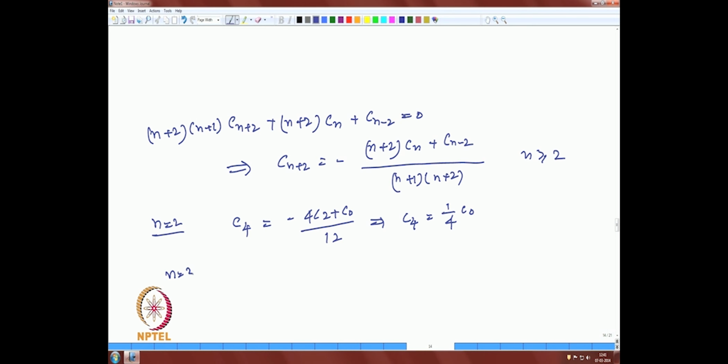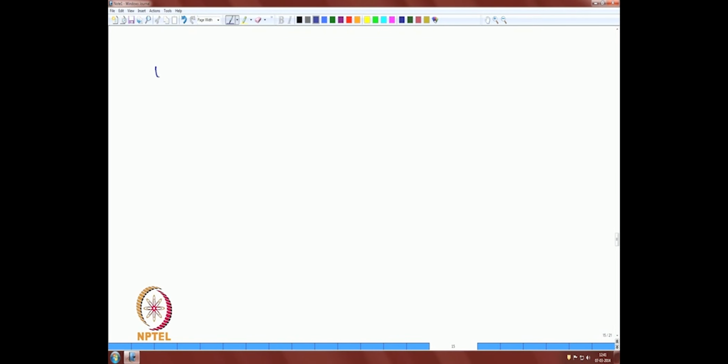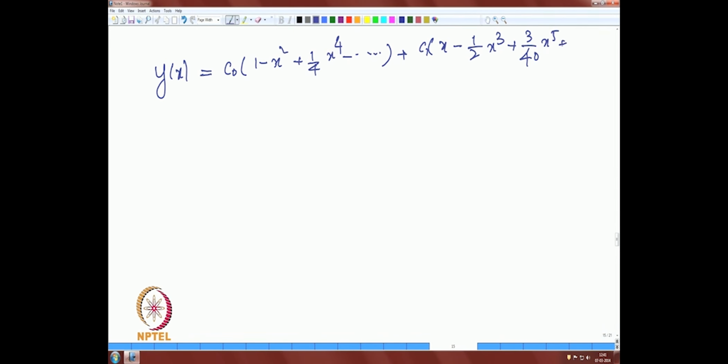And similarly, for the case n equal to 3, c_5 is solved to be 3 by 40 c_1. So the solution can be written by using these coefficients: y(x) is equal to c_0 times (1 minus x squared plus 1 by 4 x to the power 4 minus etc.) plus c_1 times (x minus half x cubed plus 3 by 40 x to the power 5 plus etc.).